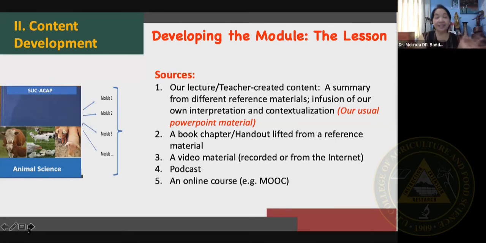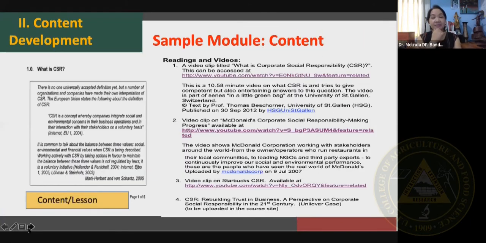Sources of the lesson, the content that we will put in our module. Okay. So this is a sample content. Again, I go back to my course, CSR communication. So in the module that I wrote, meron na akong inilagay na konting content.